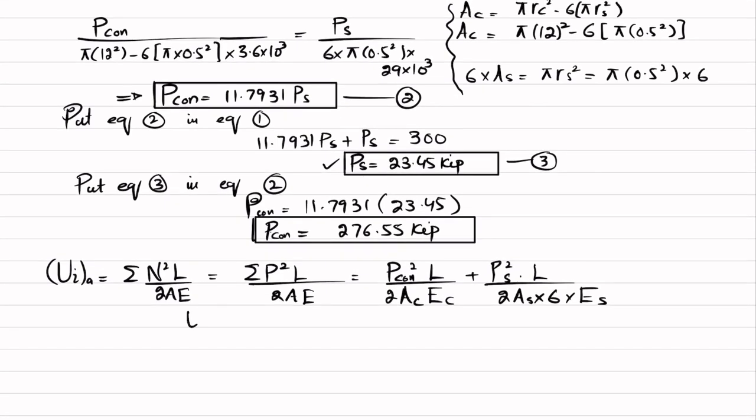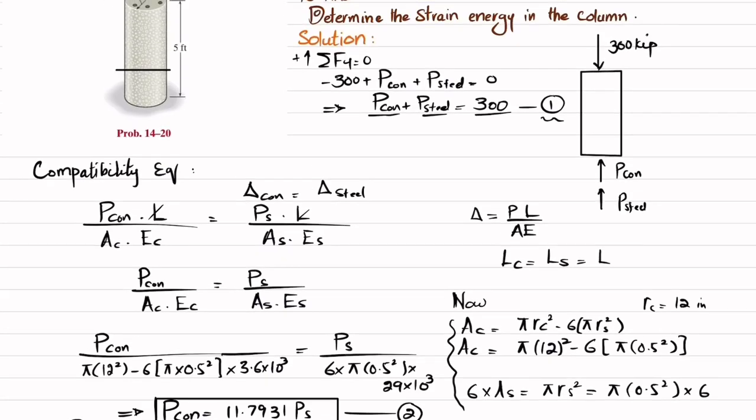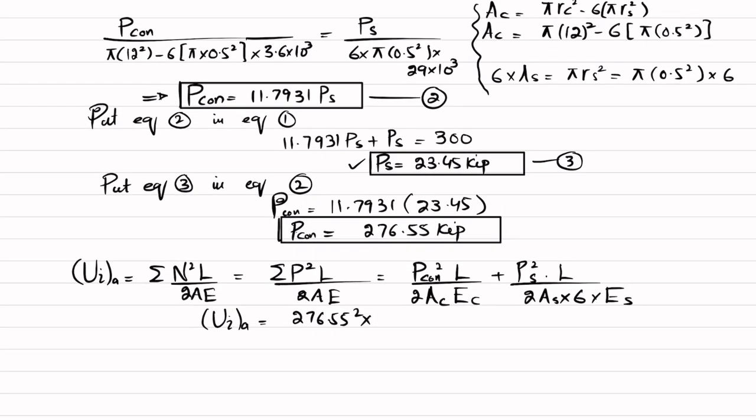Now put the values, so the strain energy due to axial loading U will be equal to P of concrete, 276.55 square, multiplied by length. We will check the length. Length is 5 feet, so in inch it will be 60 inch, 12 into 5. We'll convert it into inch. Divided by 2 multiplied by area of concrete, which is again this one. Clear?